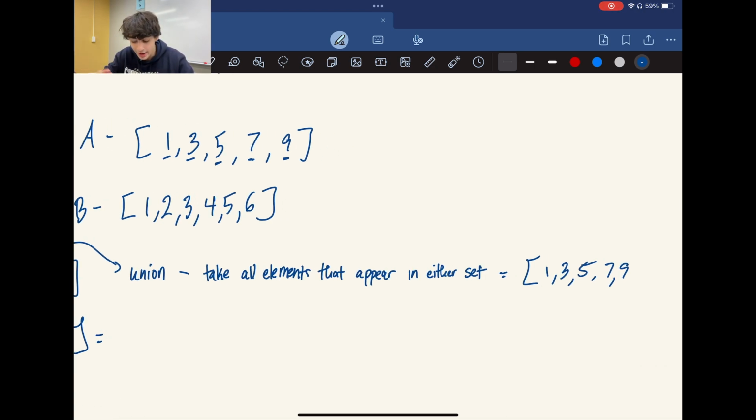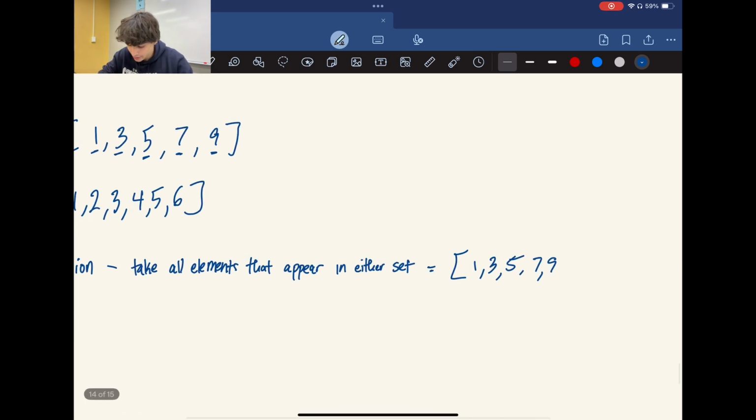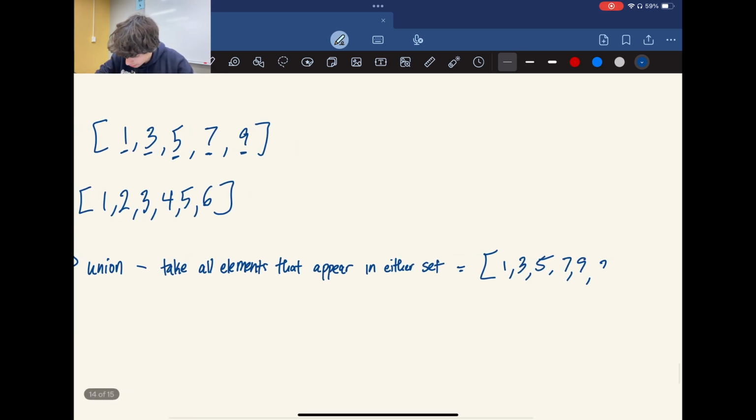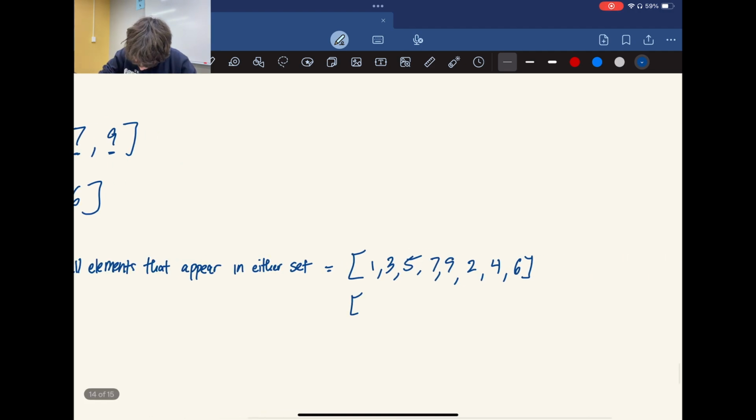I'm just going to write elements that we have not had. So the 3 new elements now are 2, 4, and 6. And so to write it from lowest to highest order, we would have 1, 2, 3, 4, 5, 6, 7, 9. And so this right here is equal to A union B.